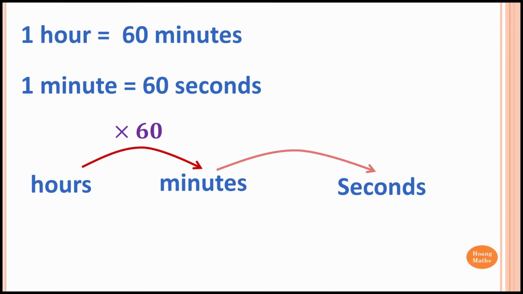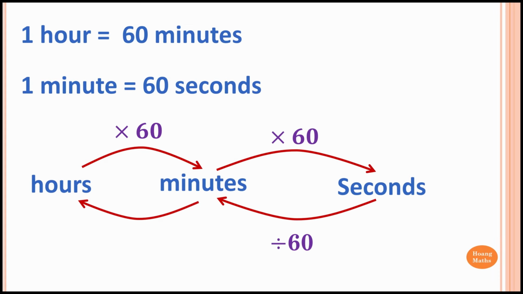And from minutes to seconds, we times by 60 as well, because 1 hour is equal to 60 minutes and 1 minute equals 60 seconds. And then going backward, from seconds to minutes, we divide by 60 instead of times 60. Similarly, from minutes to hours, we divide by 60 as well.